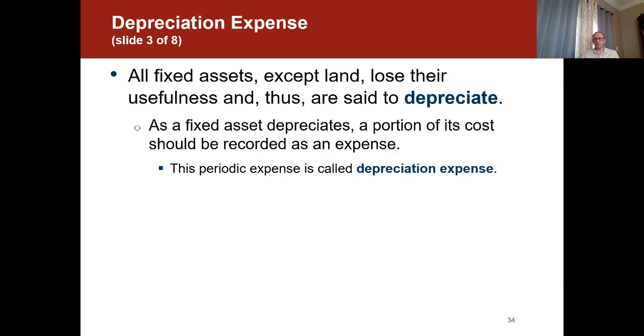This is a periodic expense. We don't really pay it, but we record it as part of our expenses in the income statement. It's not a cash outflow, because we already acquired the asset. Once the asset starts losing value, we just record this periodic expense called depreciation expense.